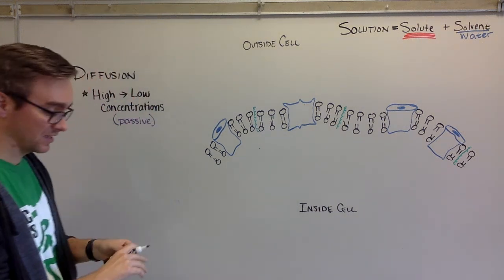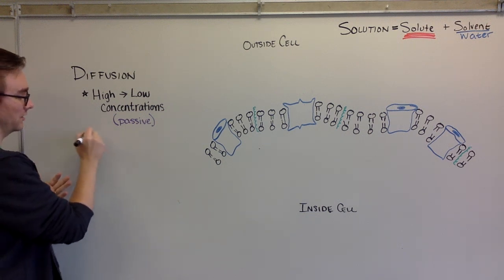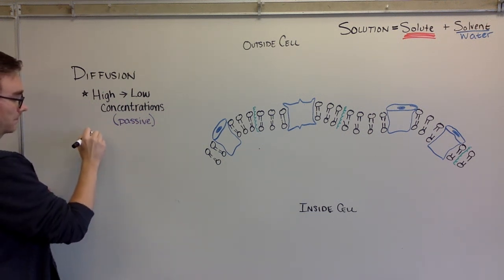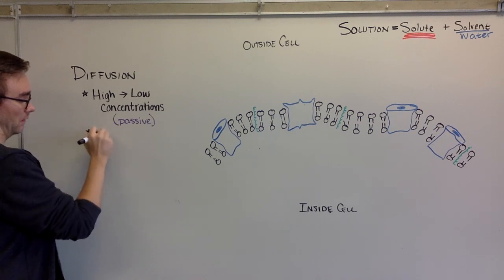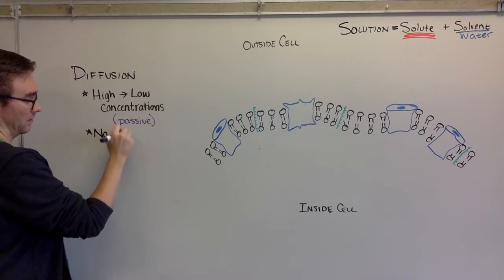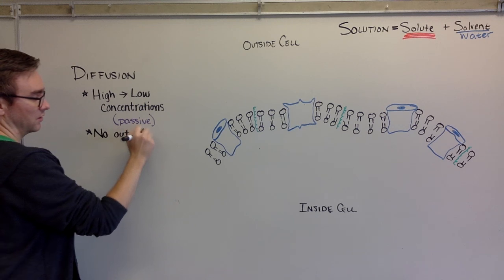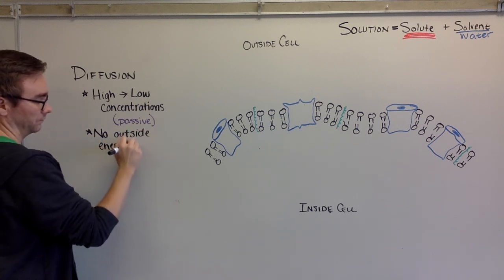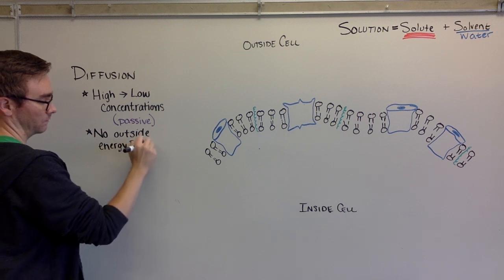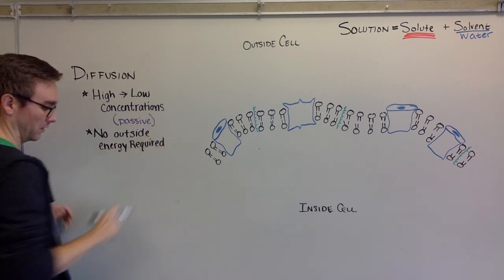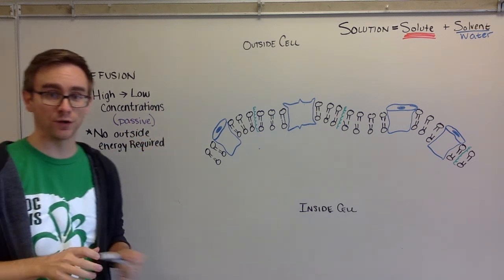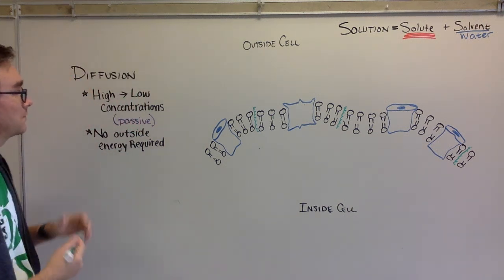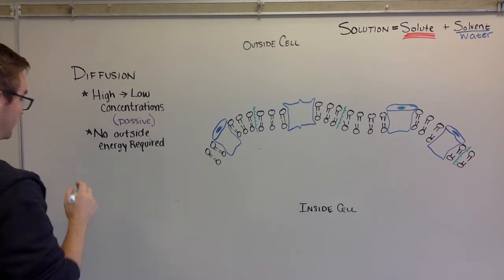Because of that, what defines it is that it doesn't require outside energy. No outside energy required. Now we can break this down even further. There are actually two types of diffusion.